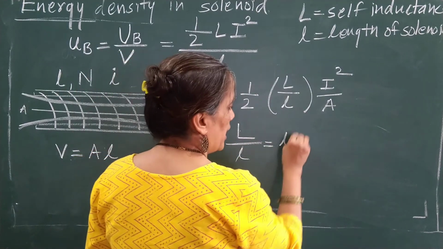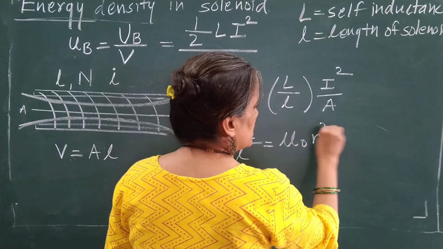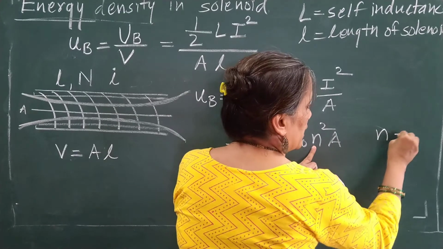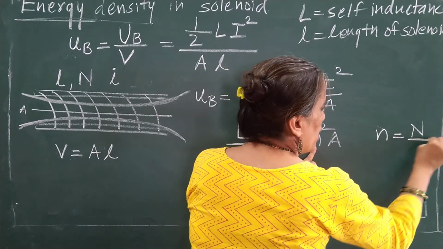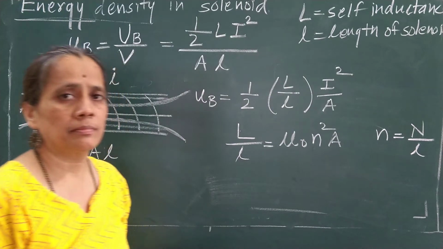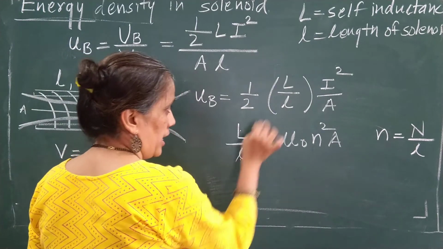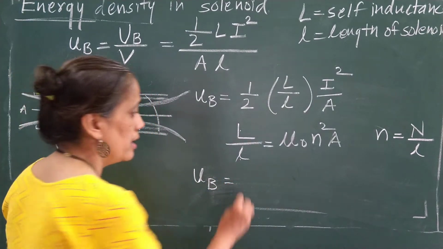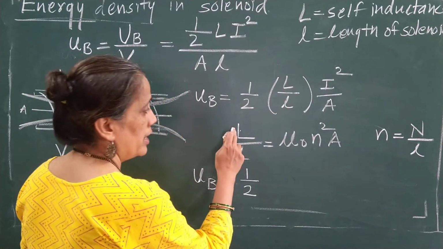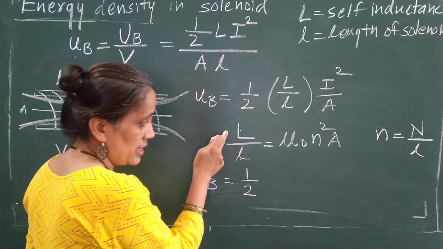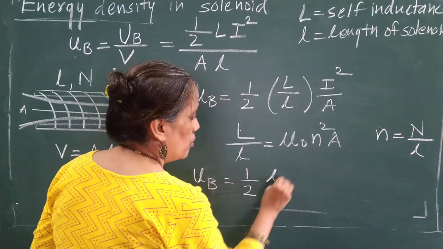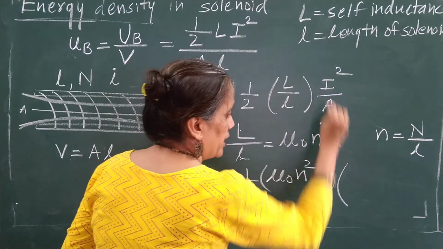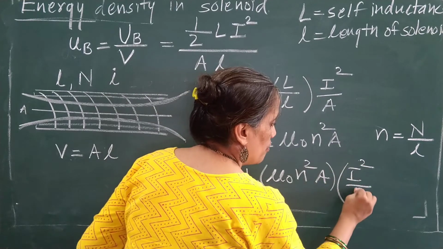This formula you have seen as mu0 n square into A, where n is nothing but the number of turns per unit length of the solenoid. Now this value of L by l I can substitute in the energy density formula. So U_B can be written as half, instead of inductance per unit length I put mu0 n square A, multiplied by I square upon A.